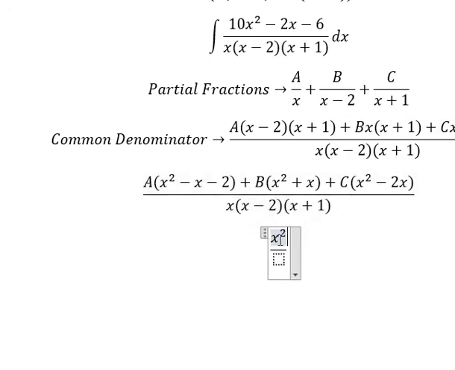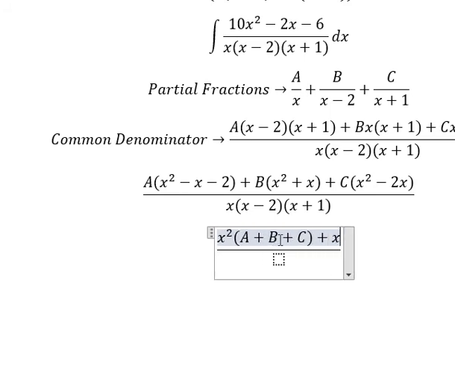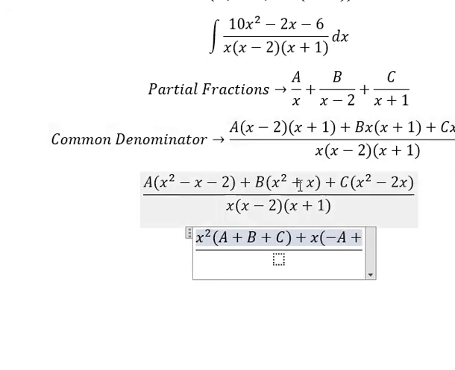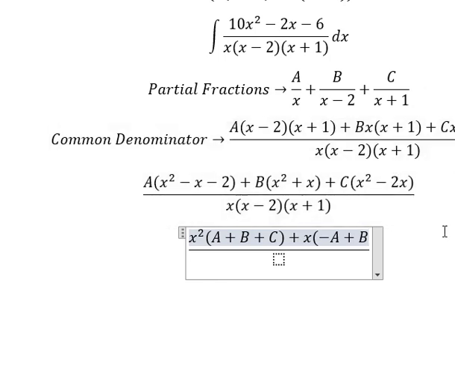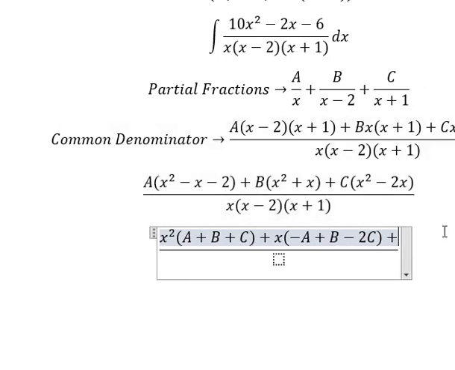About s squared, we have a plus b plus c. About s, we have negative number 1 multiplied by a and number 1 multiplied by b and negative number 2 multiplied by c. About the number, we have negative 2a.